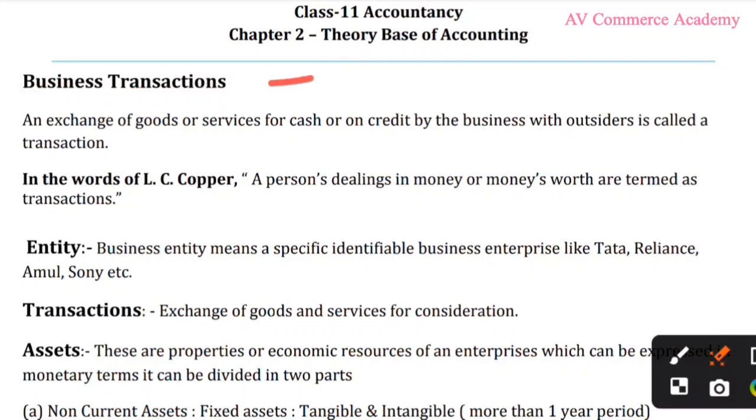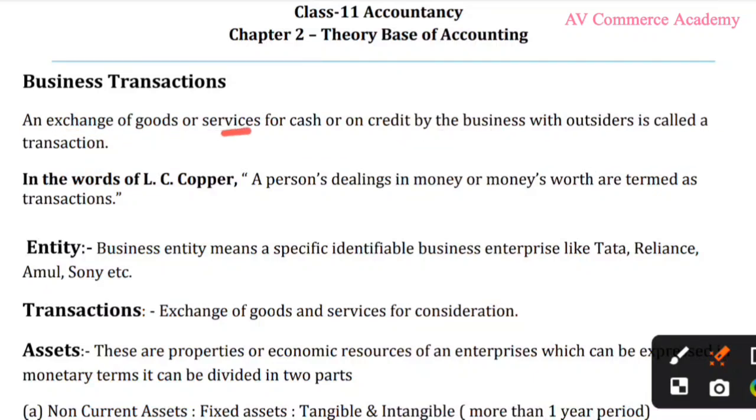A business transaction means the exchange of goods and services for cash or credit by the business with an outsider. It is a two-way transaction. For example, we get the goods and we pay the amount or credit.